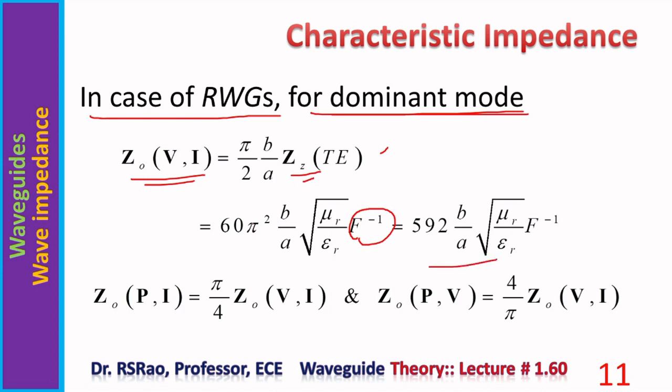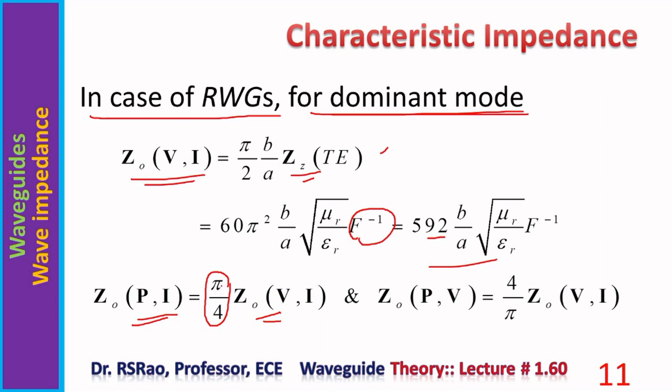Or you can put it in another form in this way. It is 60 pi squared. Pi squared can be taken as 3.17. That way you can convert this into a number. It is 600 b by a. Similarly, if you use the power current definition, what you get is a value for characteristic impedance which is pi by 4 times the characteristic impedance you got using the voltage current relation.